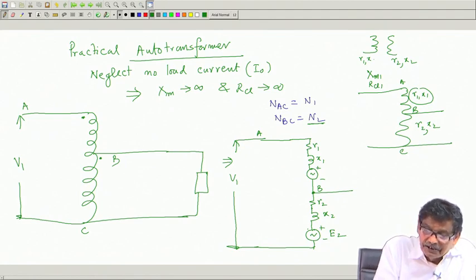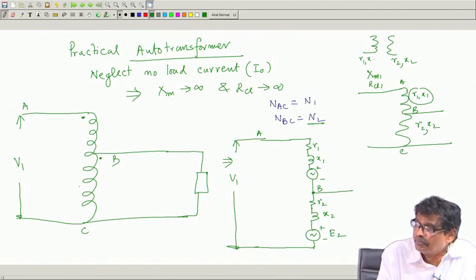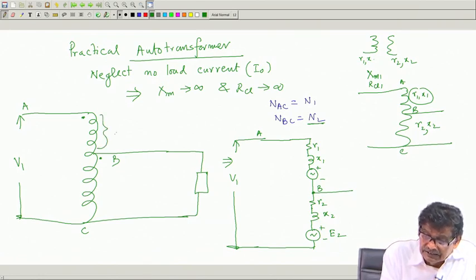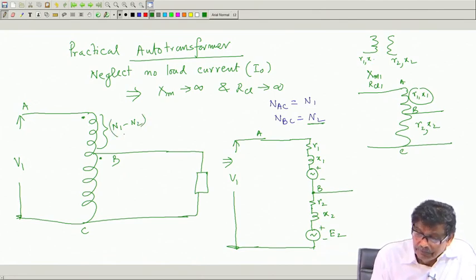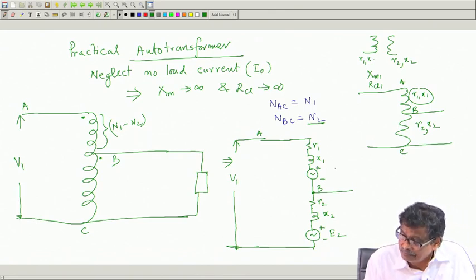And voltage per turn is fixed. How much is it? It is approximately V 1 by N 1, the total number of turns. The number of turns here is N 1 minus N 2. So, what will be the induced voltage here? It will be E 1 minus E 2.